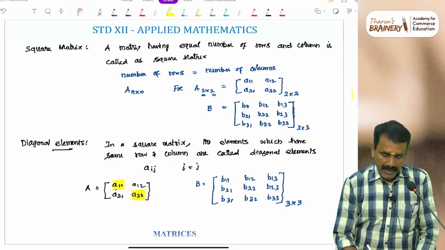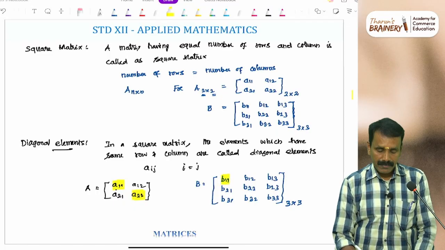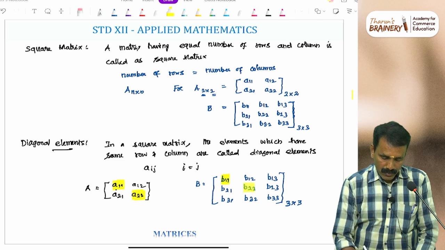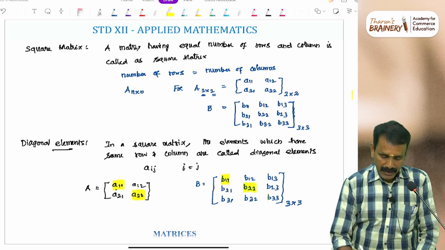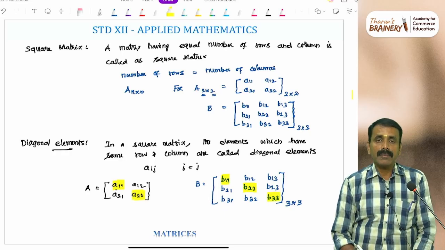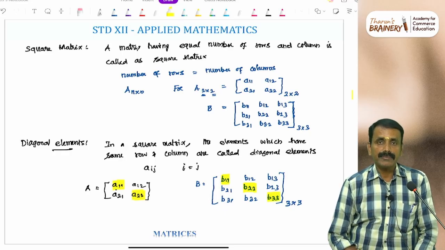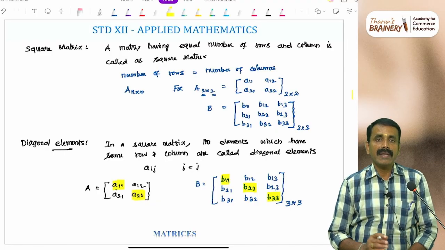Now, which numbers have the same row number and column number? B11, which is present in the first row, first column. B22, second row, second column. B33. So, these 3 elements are called diagonal elements, and if you want to be very specific, they are called main diagonal elements.